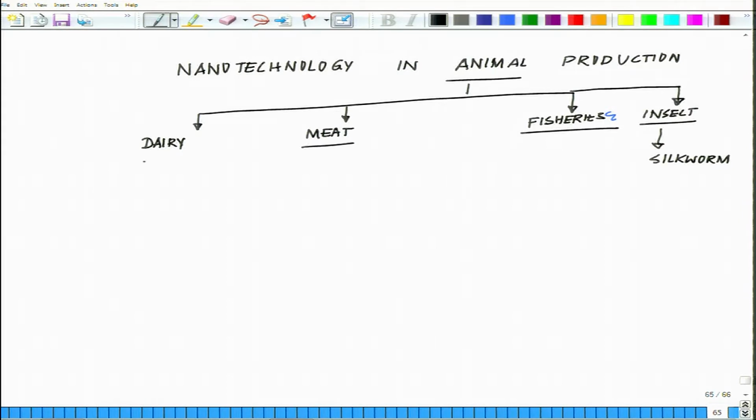So, this is one way you can classify them, or you can classify them based on the animals, but I purposefully focused on this particular classification. That way you can see the utilitarian value of it.